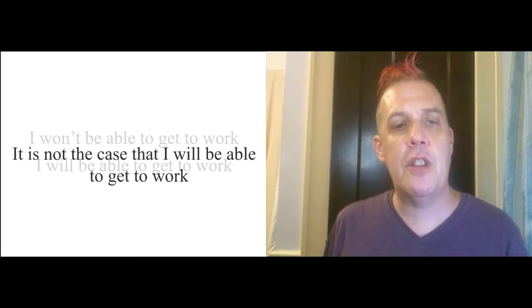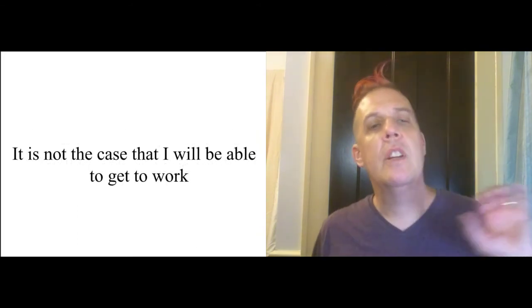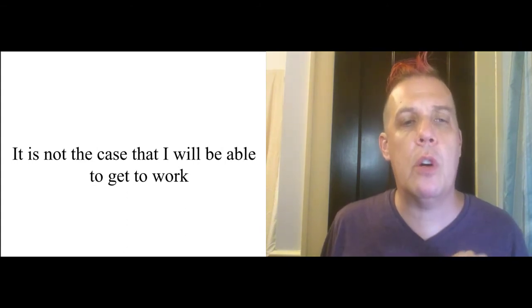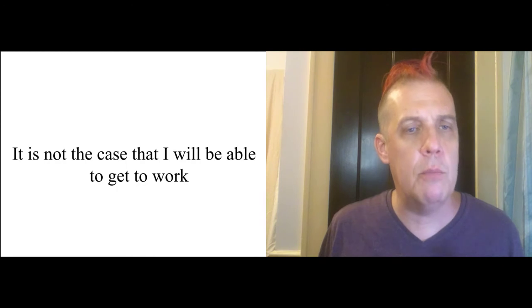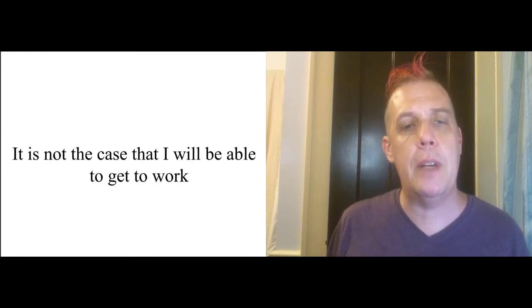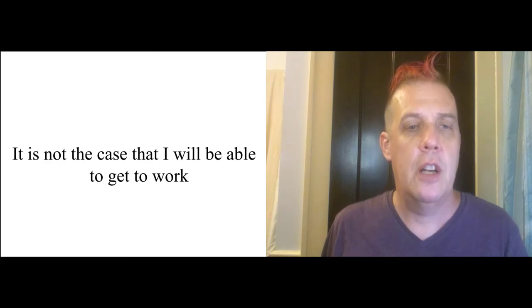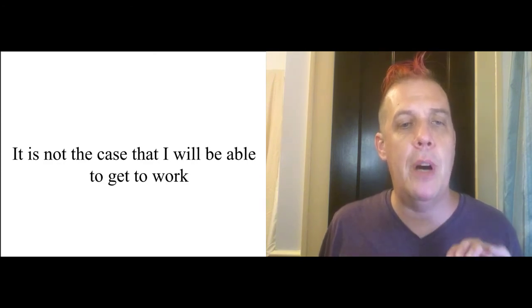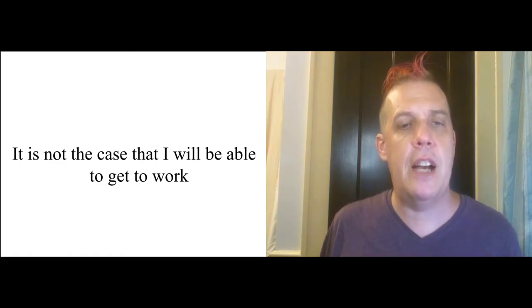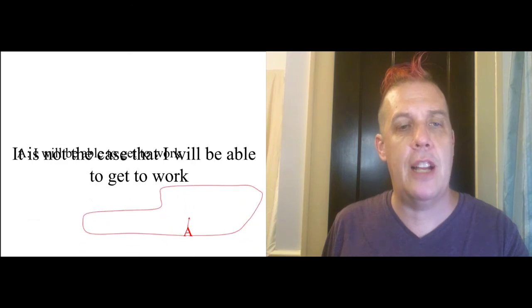So the way we actually want to do this is to say I won't be able to get to work is equivalent to this longer, more awkward sentence: it is not the case that I will be able to get to work. That's an awkward way of putting it, but when we phrase it like this, the syntax of the English actually matches the syntax of the symbolic language.